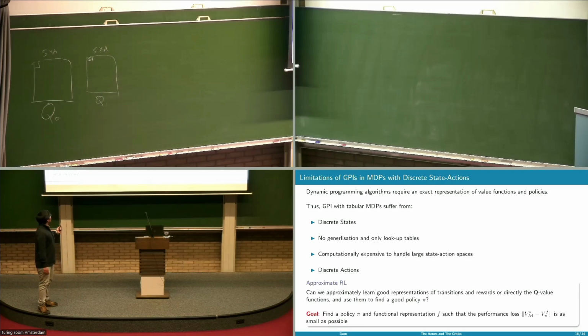The whole mathematical way of saying this: find a policy pi and a functional representation f, such that the performance loss, that is the difference between the true optimal value function of the MDP you are working on and the one you are approximating with this functional representation, let's say a neural network or linear regression, however you like, is as small as possible.